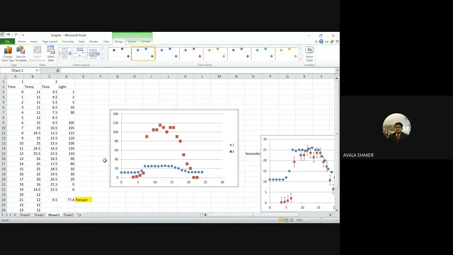Now you can see that this graph is suppressed, and this is because both of them are on the same Y-axis.